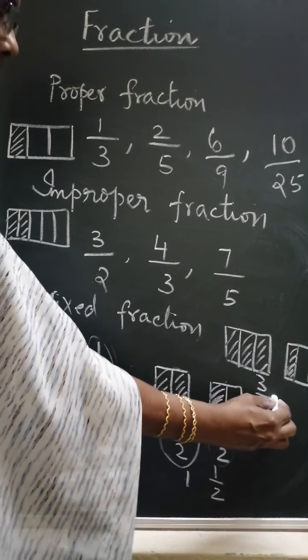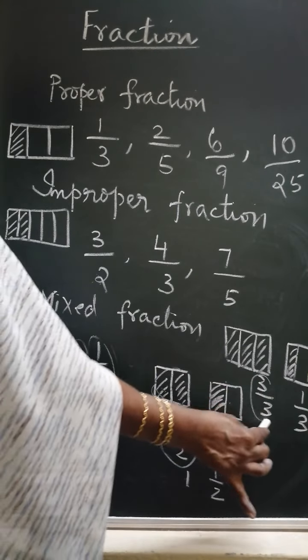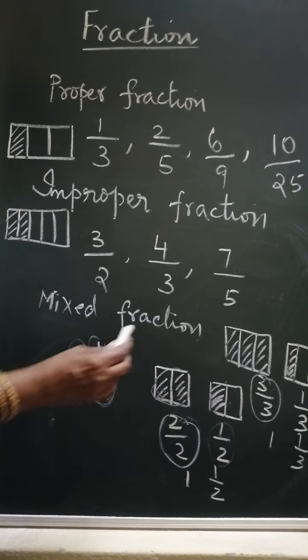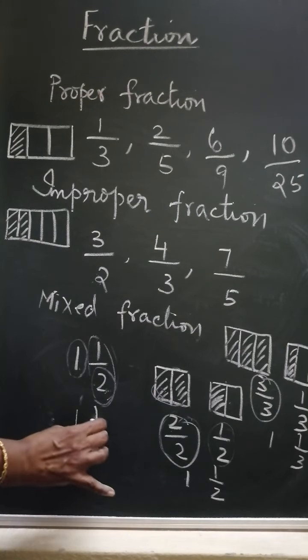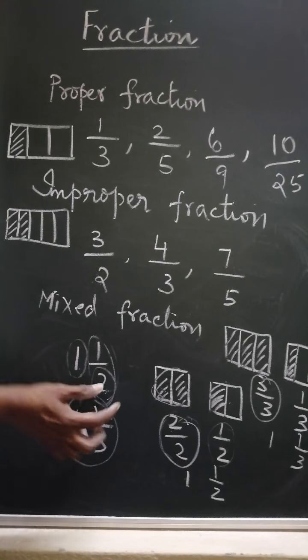So this is 3 by 3 and this is 1 by 3. 3 by 3 is 1 and this is 1 by 3. So 4 by 3 is 1 and 1 by 3. In the next video, I will teach you how to convert a mixed fraction into improper and improper into mixed. Now just understand what a mixed fraction is. Mixed fraction means there will be a whole number and a fraction.